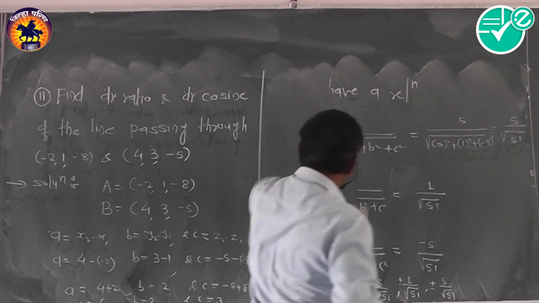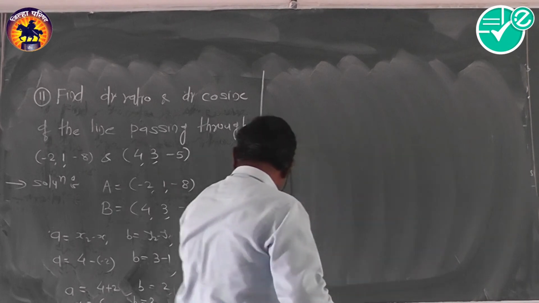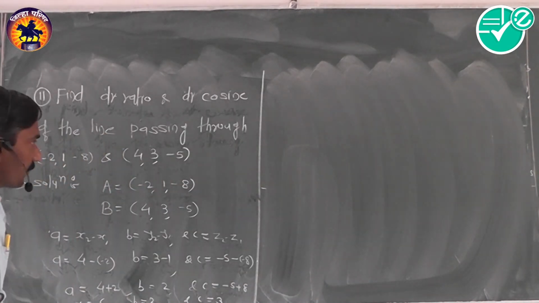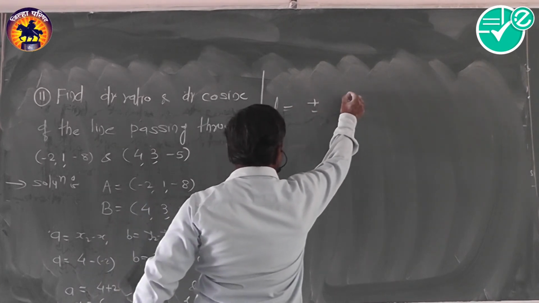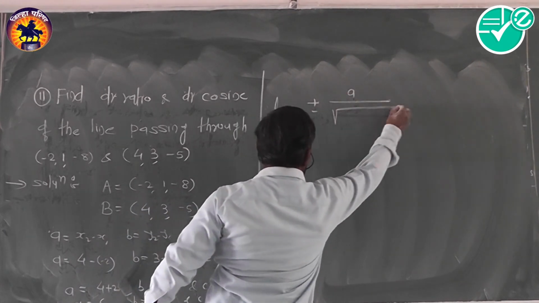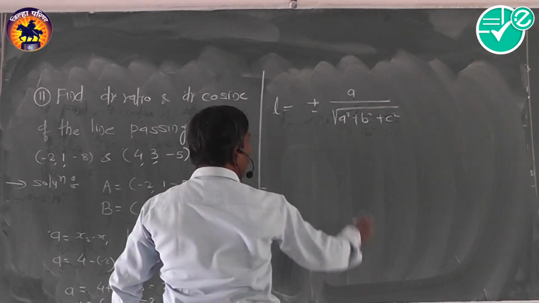Now lastly we find the direction cosines. Very easy. We know, first we write l is equal to a divided by under root a square plus b square plus c square.